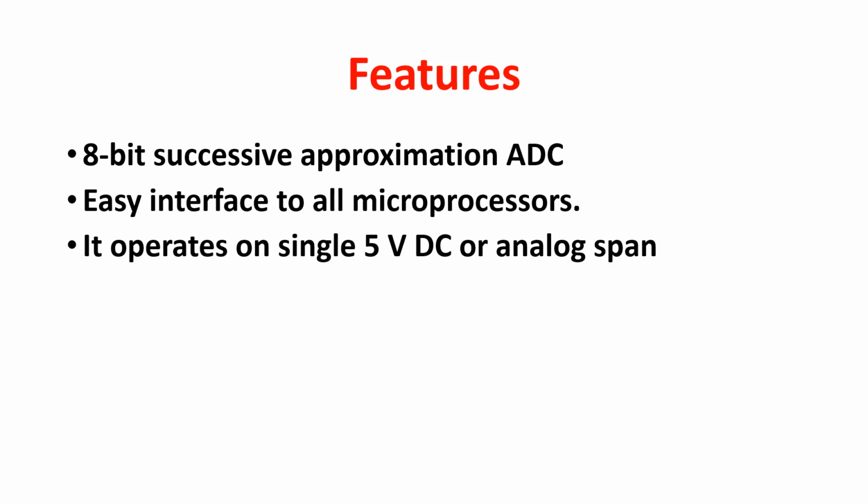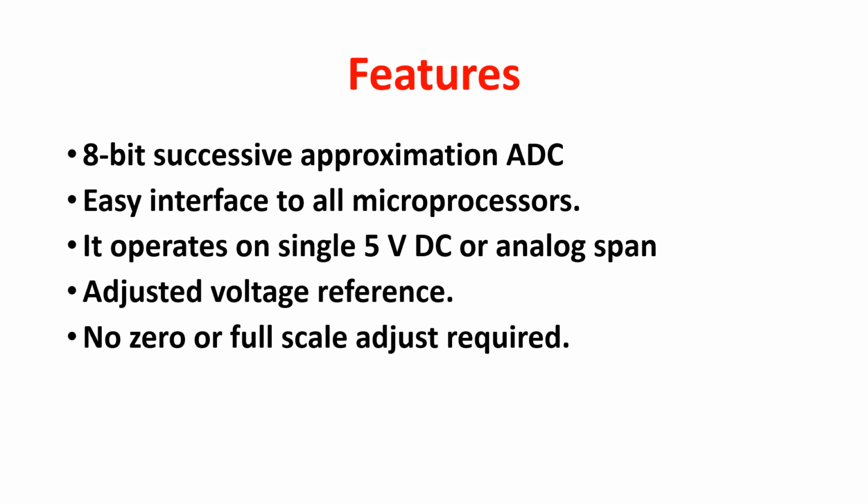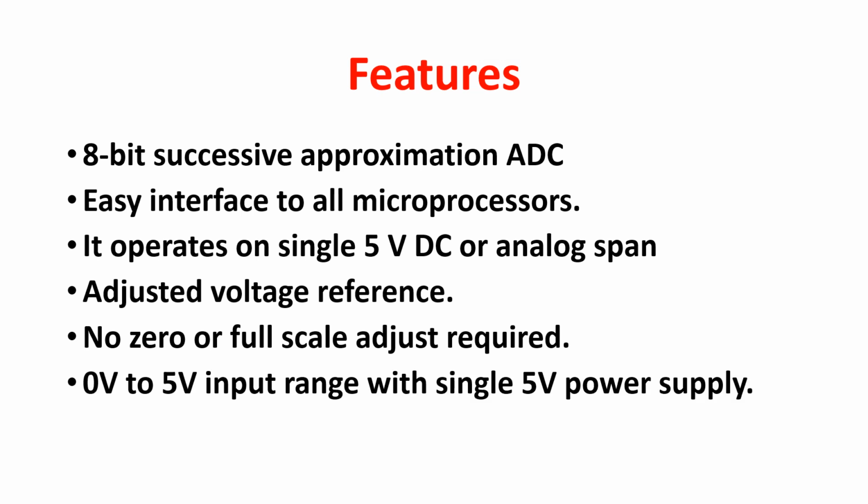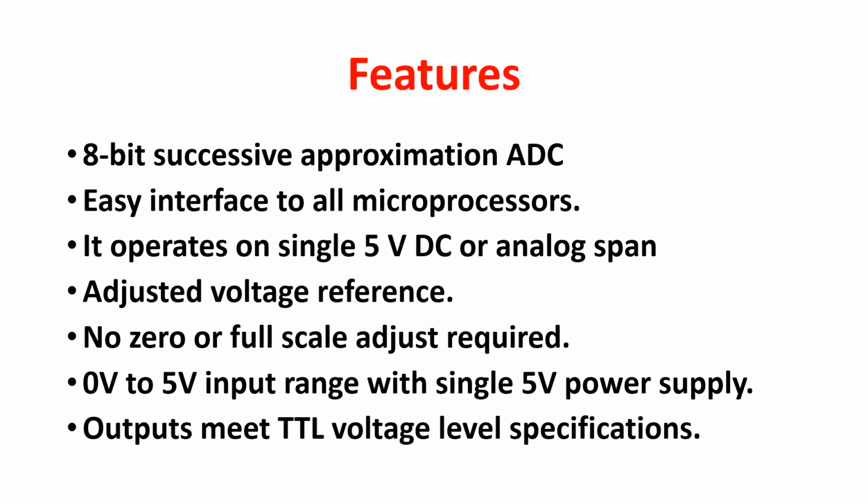Adjusted voltage reference, no zero or full scale adjust required. 8-channel multiplexer with address logic. 0 volt to 5 volt input range with single 5 volt power supply. Outputs meet TTL voltage level specifications.